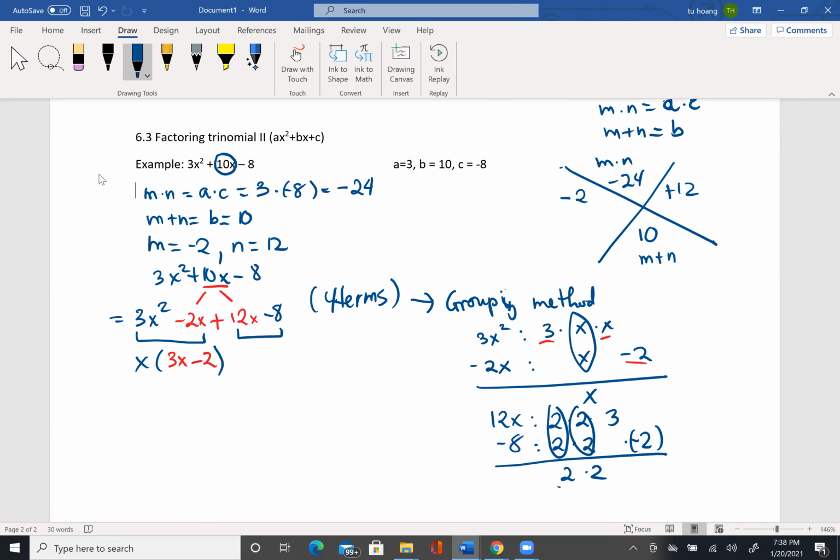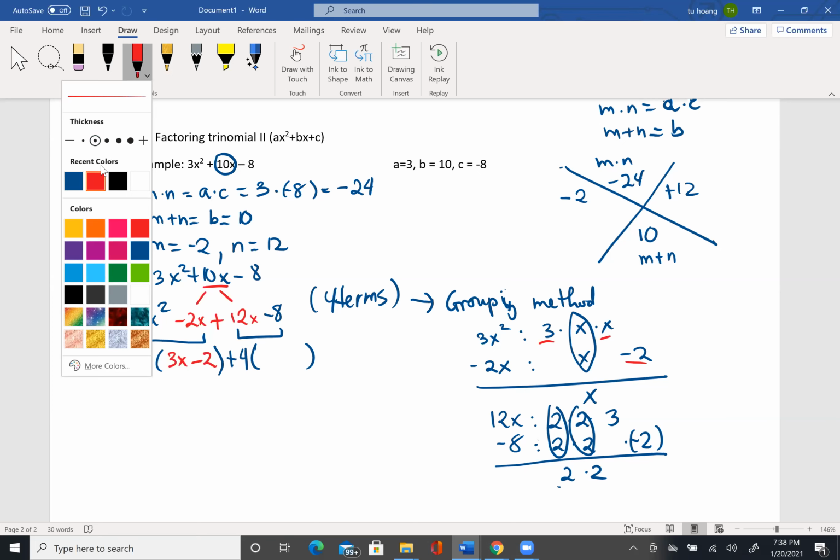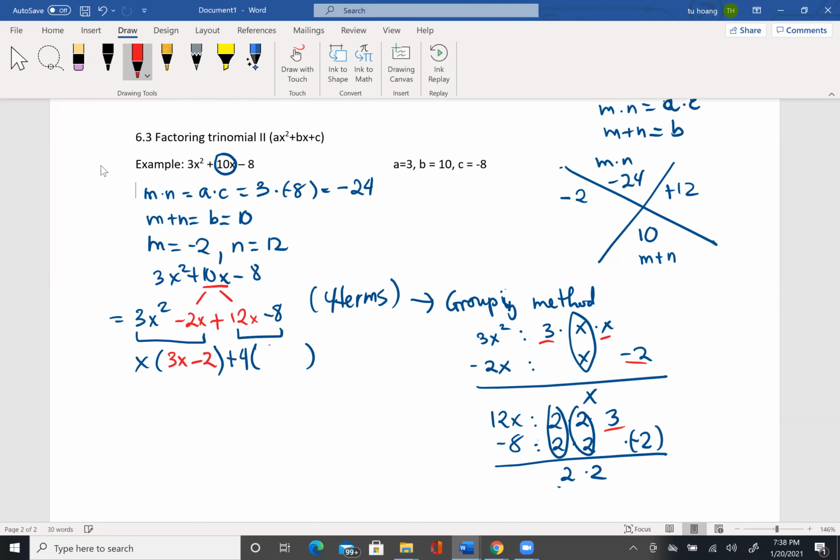I put positive 4. Don't forget that you should have the plus here, otherwise you're missing the operation. So 4 times what is left: after factoring 4 from the first term, 12x, it's 3x, I forgot the x, right? And negative 2.